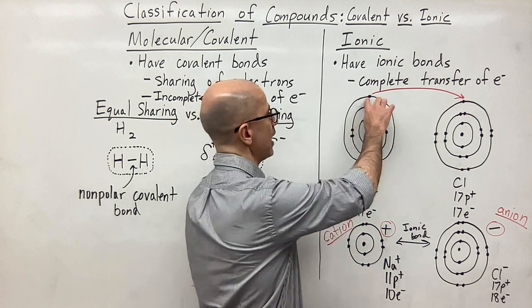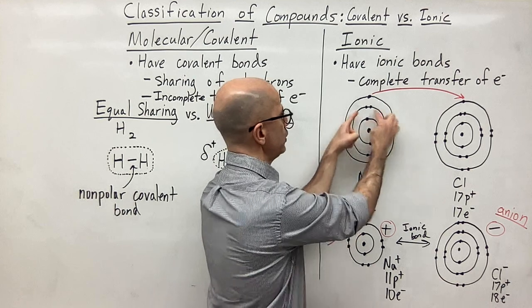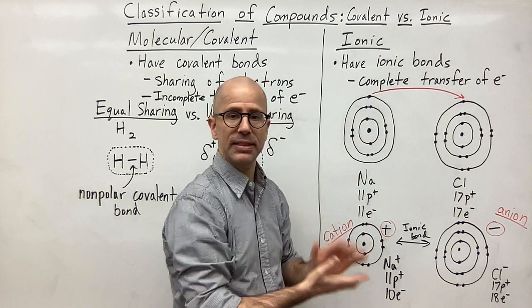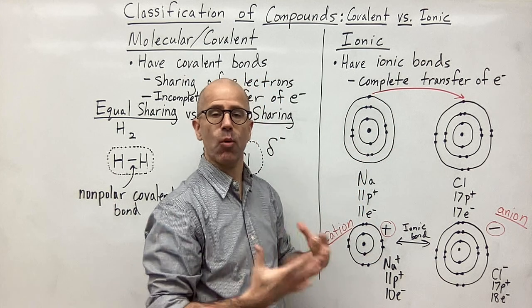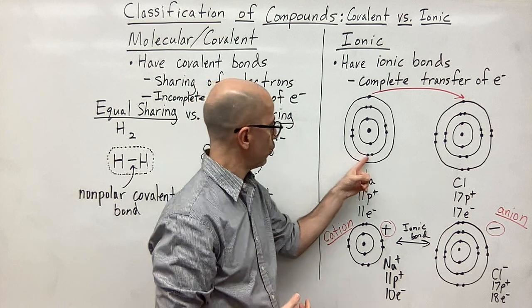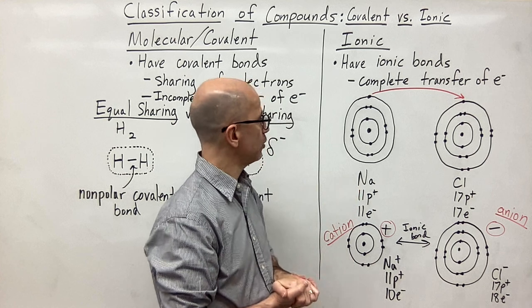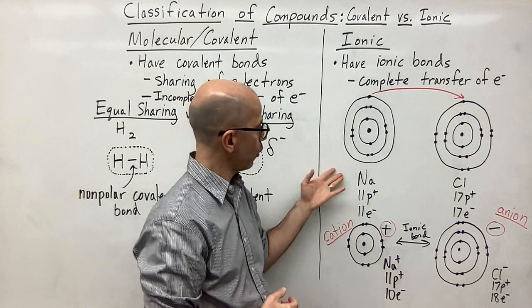Why? Because then that electron goes away, and the next outermost shell is going to be this one, which is full. That's going to be stable like a noble gas, because they want to have an outer shell that is full of electrons. And you'll notice that this one has 8 electrons, and so that would be great for sodium.